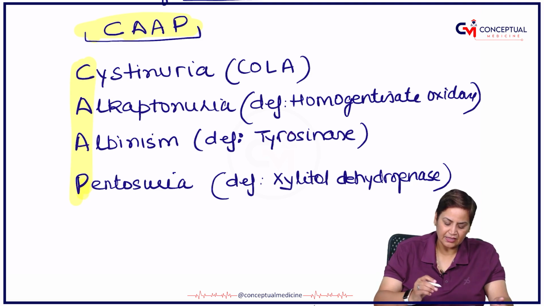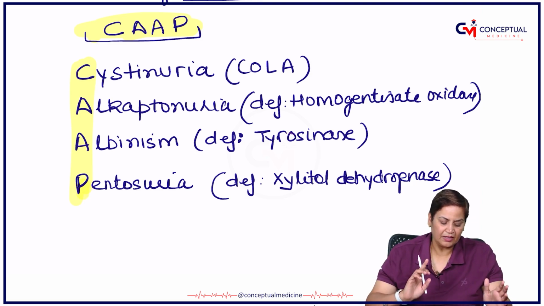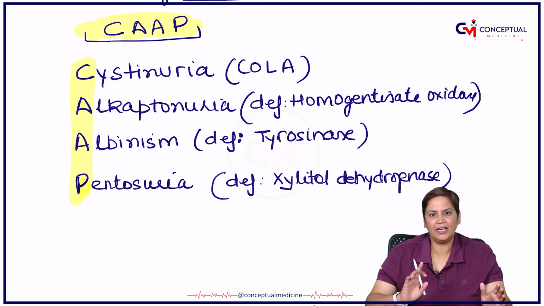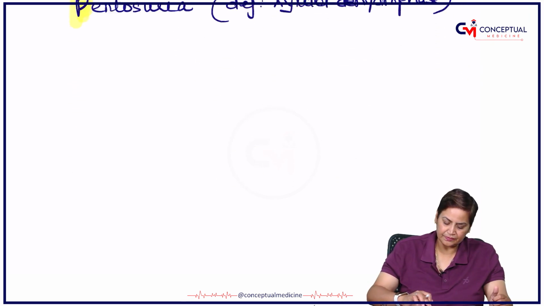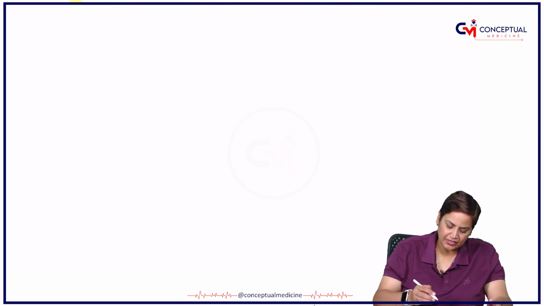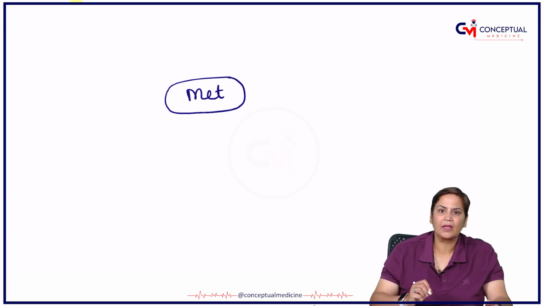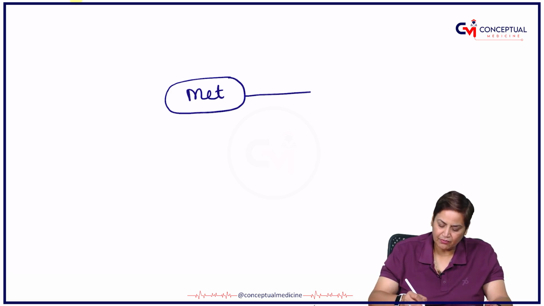So this is the importance of the sulfur containing amino acids, right. If we have to just give a brief gist of this, I can simply say that this methionine, which is responsible for the transfer of this methyl group, helps in the synthesis of epinephrine.